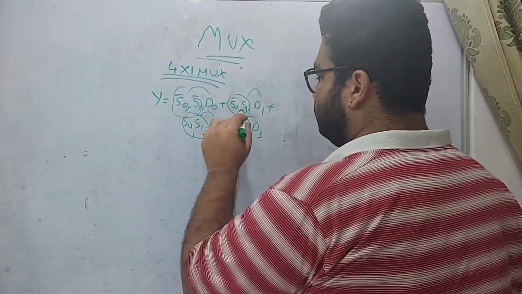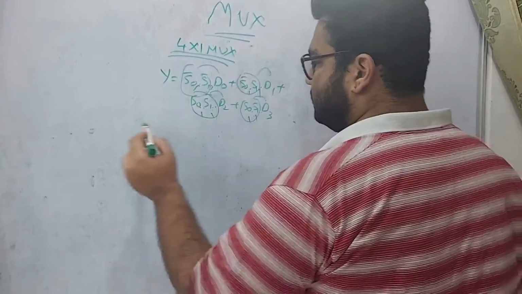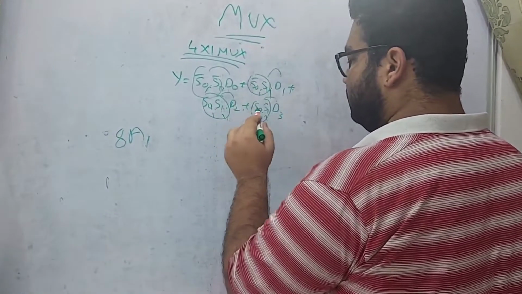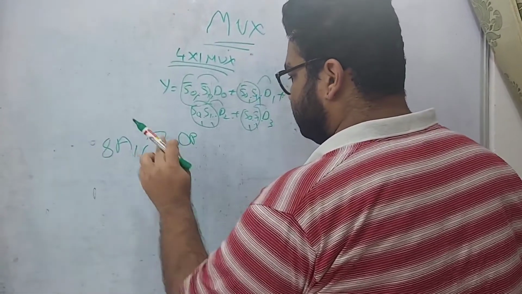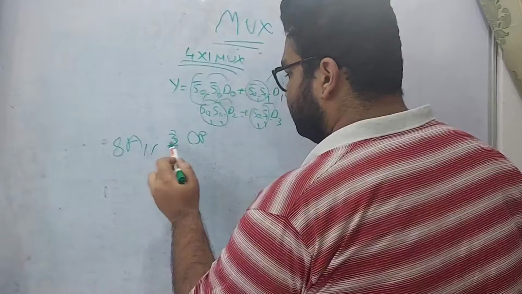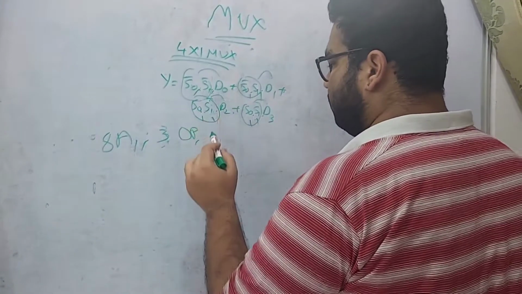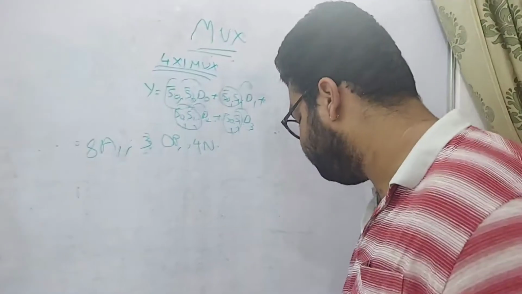So 2, 2, 2, 2. How many? 2, 4, 6, 8 AND gates. And 1, 2, 3, 3 OR gates, and 1, 2, 3, 4, 4 NOT gates are required for this diagram.